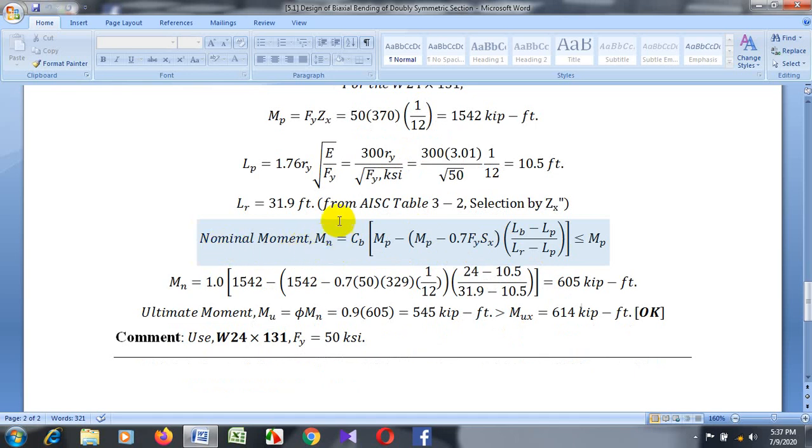And nominal moment, this is the formula of nominal moment. This moment in this problem is the capacity, and the other is the demand. So Mn equals Cb times Mp minus the quantity Mp minus 0.7 Fy Sx, times Lb minus Lp divided by Lr minus Lp, which must not be greater than Mp.